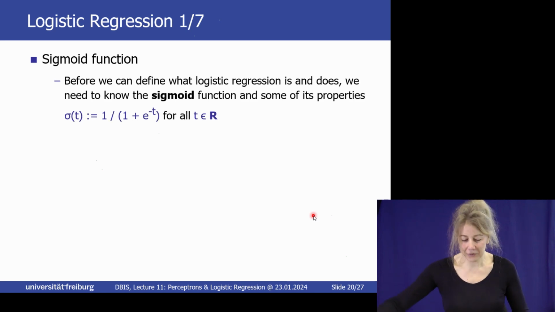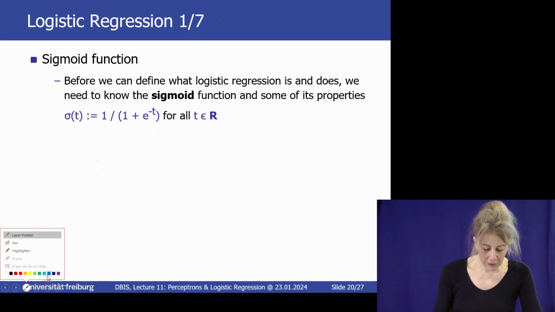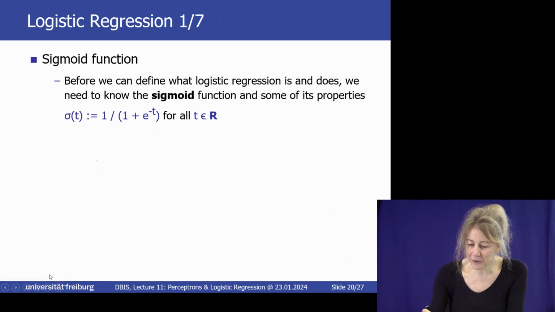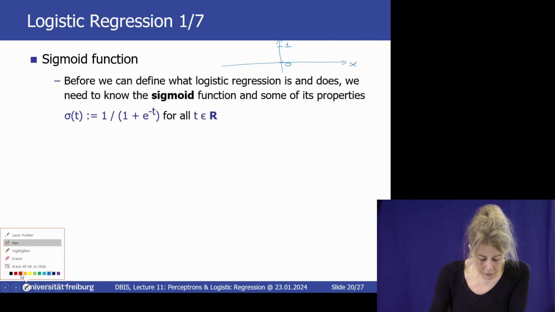That's the sigmoid function. And these are also typical exam questions, which I show now, and anyway, good practice. The sigmoid function maps any value to a value between 0 and 1.